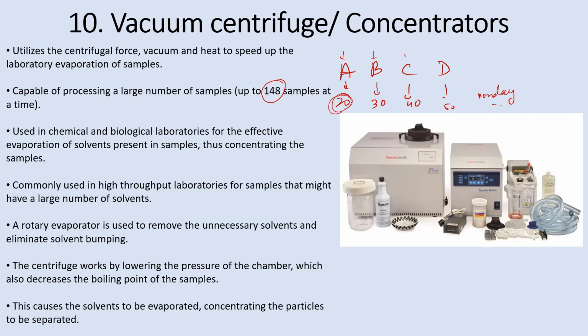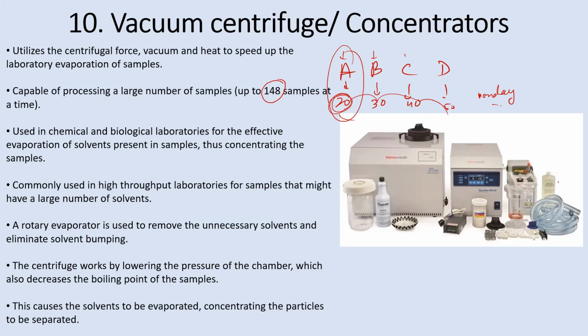Now, if the sample bumps out from this particular tube of the preparation, it might contaminate the others. It might spoil the equipment from inside. Some solvents are not so inert, and might damage it. So just to avoid that, there is a rotary evaporator. You'll see all the setup here.